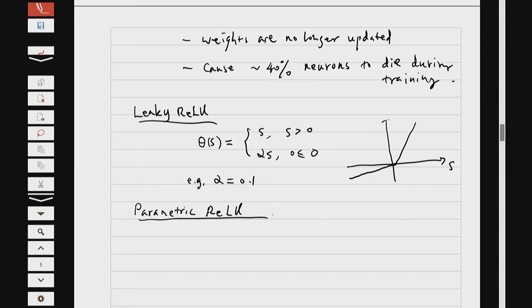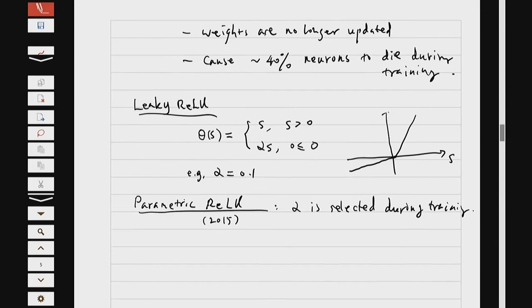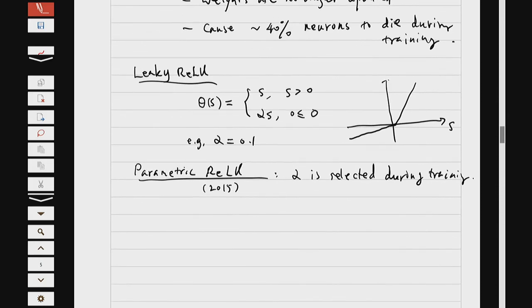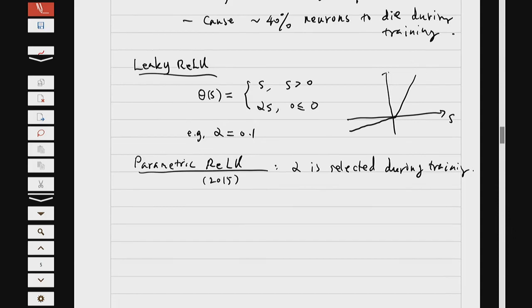This is 2015. Some of these more recent papers say that alpha is selected during training. But these are more advanced methods that are outside of the scope of our study here. I don't know whether most libraries will have this one, but Leaky certainly I've seen.